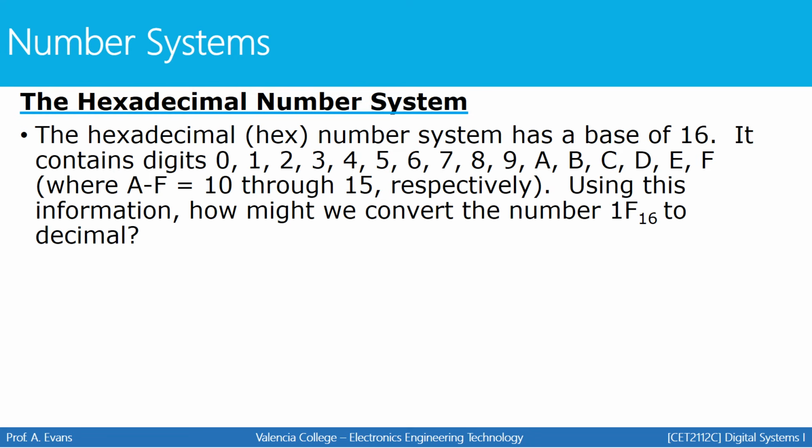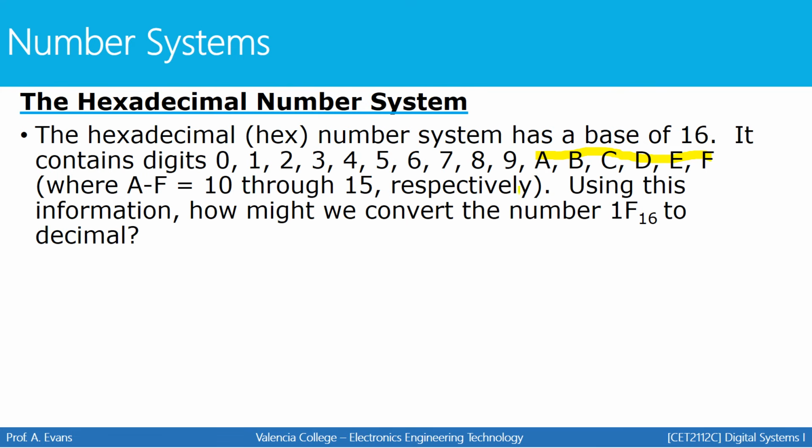It contains digits 0, 1, 2, 3, 4, 5, 6, 7, 8, 9, and then it contains digits which are represented with letters. That's because I can't write the number 10 because the numbers 1 and 0 are already taken. 10 is not its own digit. 10 is a combination of digits 1 and 0.